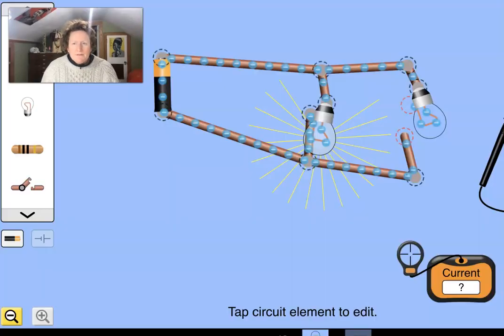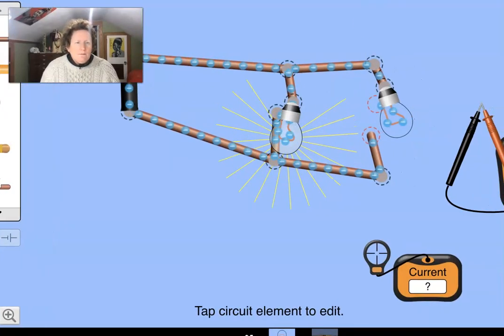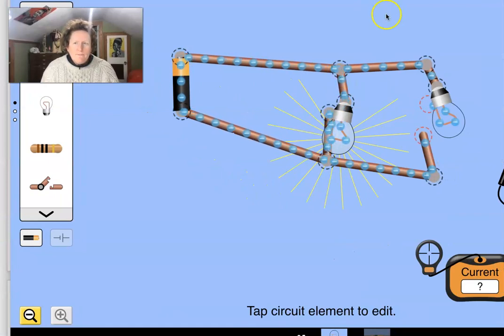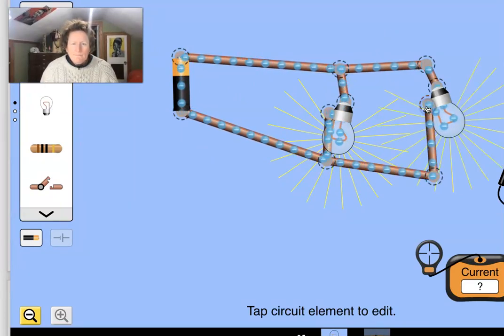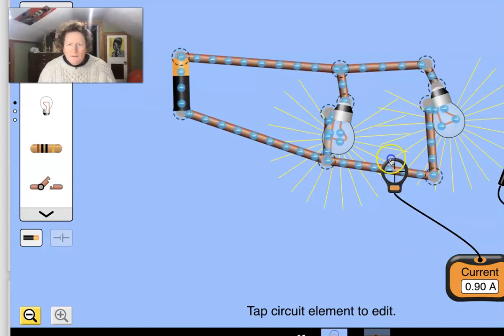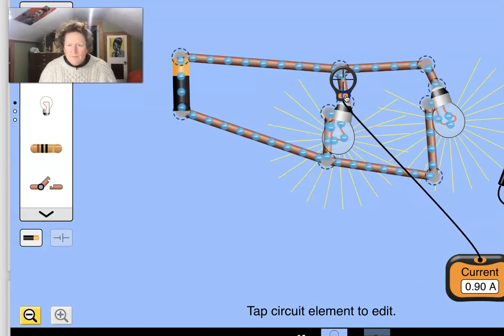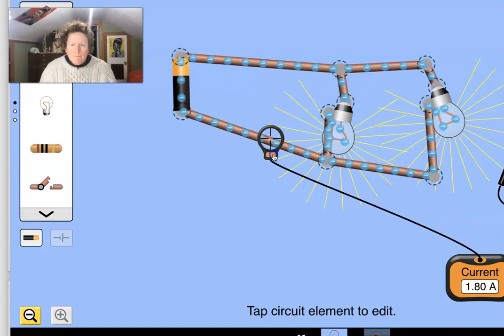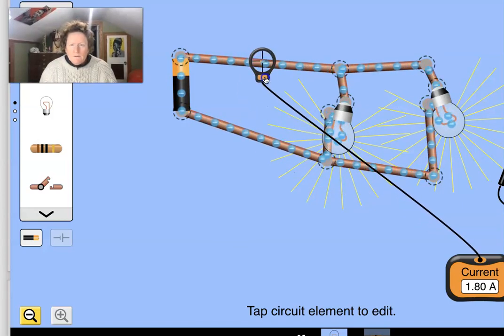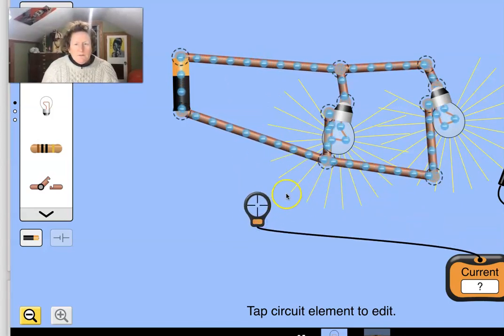So let's go see. We've got our two. These are shining pretty bright. The currents, it's 0.9 here, it's 0.9 here, it's 1.8 here, it's 1.8 here. How could we slow that current down?